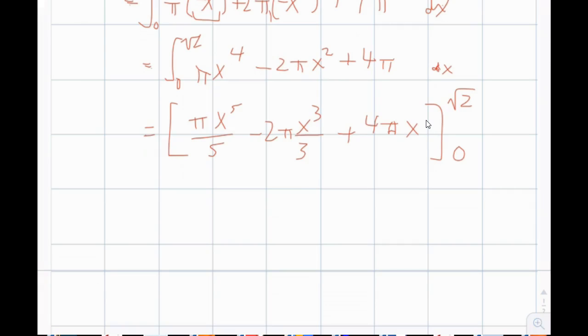One of the things that might make it easier is, do you know that square root of 2 is equal to 2 to the 1/2? If you use that, maybe it'll make some exponentials that would be easier to simplify.